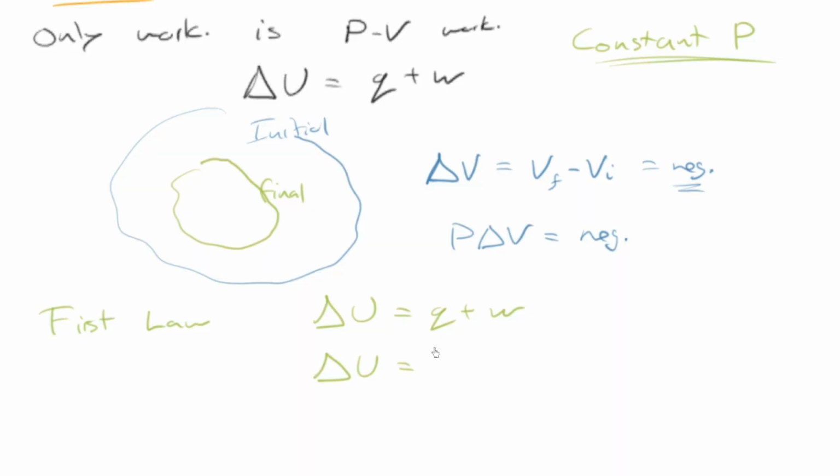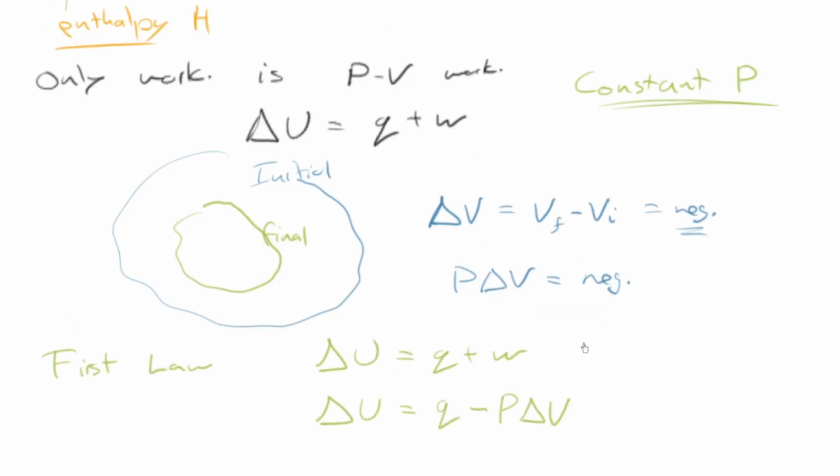Changes in our process don't affect the pressure of the surroundings, so the pressure is maintained constant. We can then state that the change in internal energy is equal to Q minus P delta V, since we're adding this term that's already negative.